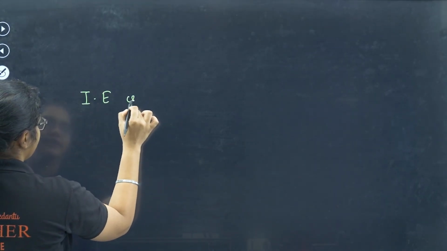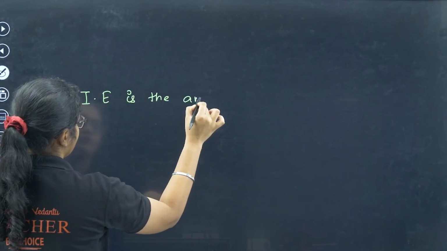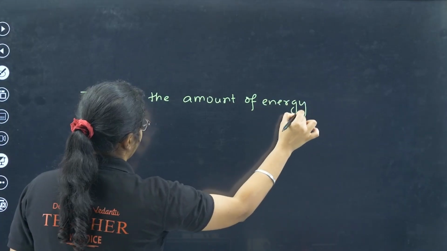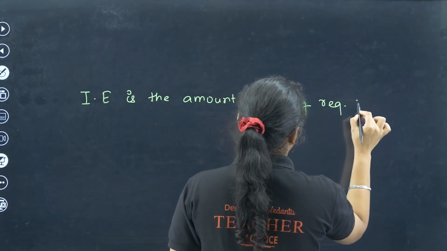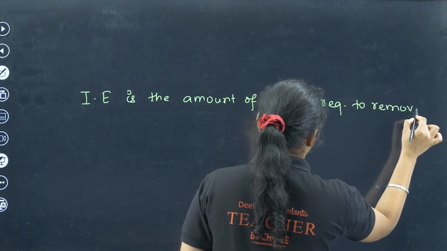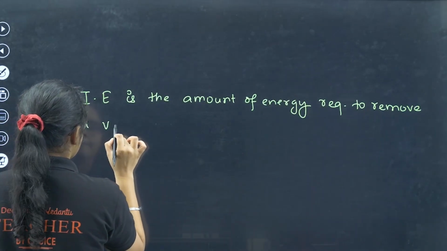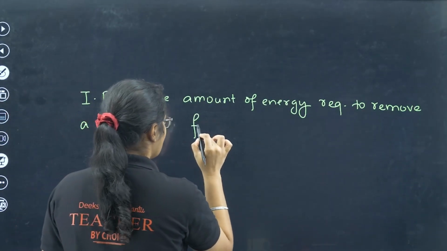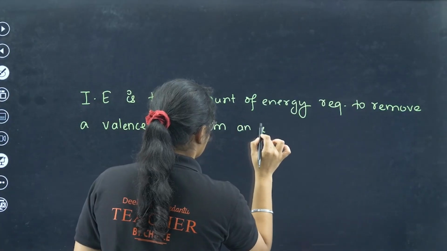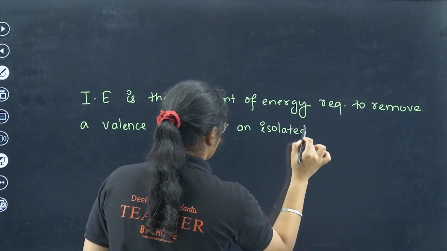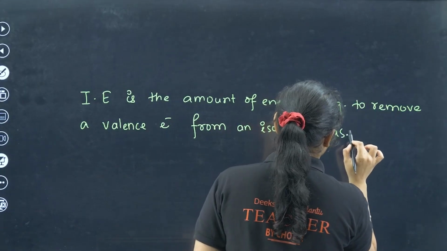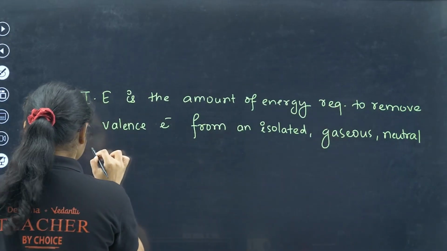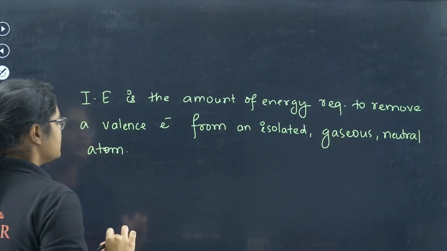Ionization enthalpy is the amount of energy required to remove a valence electron from an isolated gaseous neutral atom. So this is the first definition.